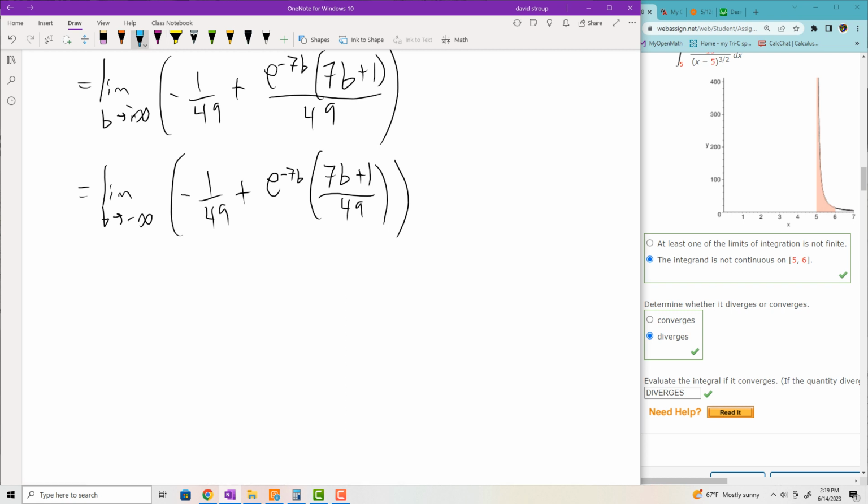So the e^(-7b), if I'm putting in b equals negative 10, b equals negative 100, it's going to be e^70, e^700. So that portion is going to go to positive infinity. The second part is just the equation of a line. Okay? And it has positive slope. It'll be 1/7 slope.